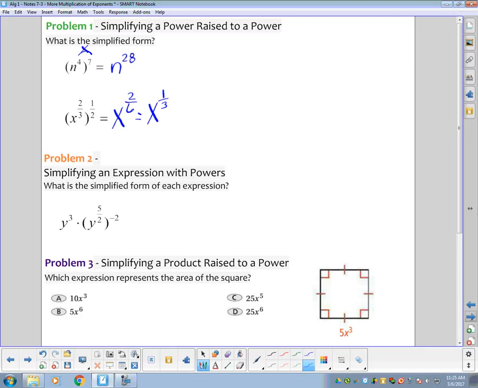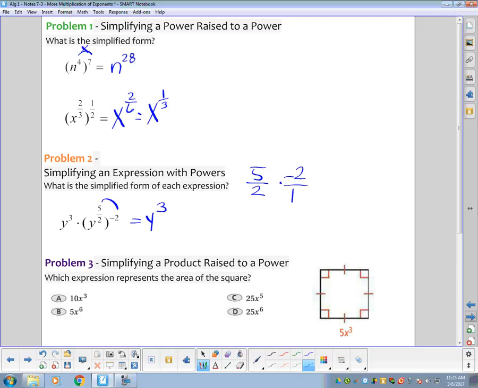Okay, on this one, the only thing that's raised to this -2 power is this. This is separate, so let's just leave that alone for a second. And then 5 over 2 times -2, let's put that over 1. What do you get when you multiply?